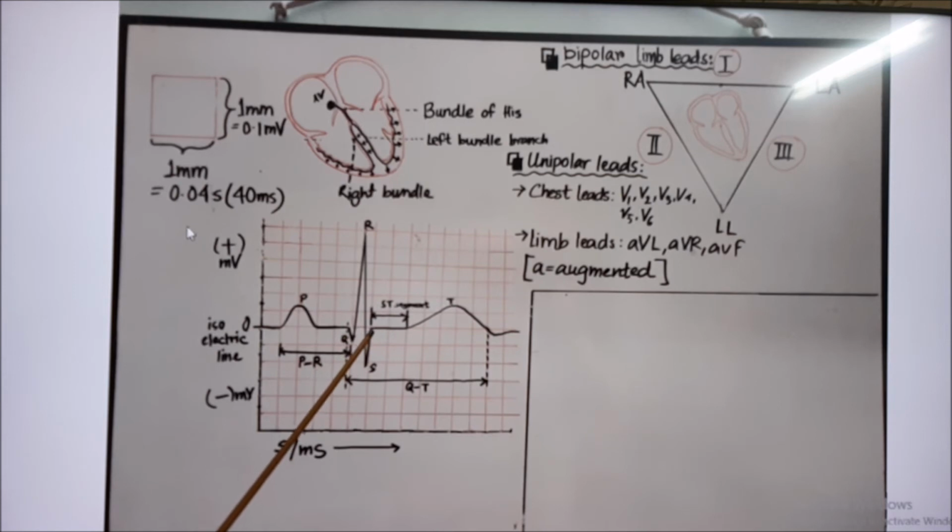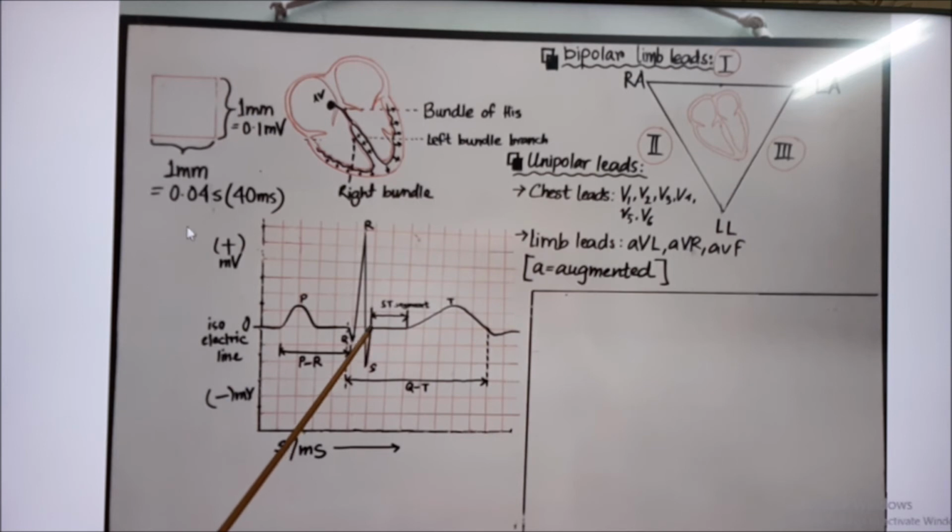Again, another important thing is the ST segment. It starts from the ending of the S wave. This is the isoelectric line. The S wave is complete here, then it goes to the isoelectric line, then the beginning of the T wave.